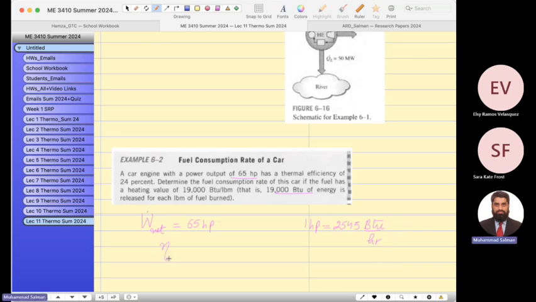And the thermal efficiency is equal to 24%, equals 0.24, equals W dot net, power output, divided by Q dot H. Determine the fuel consumption rate.